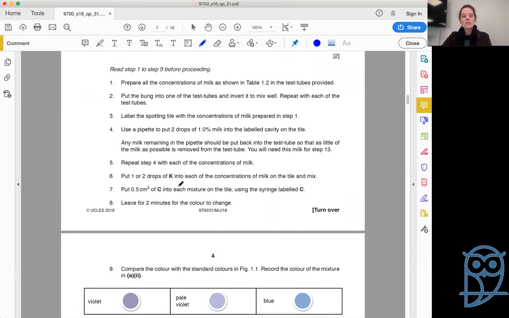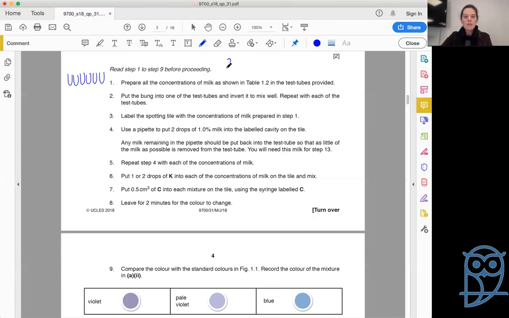They tell us to read step 1 to step 9 before we proceed. And it's quite important that even though you've read through the entire paper to start with, you read these 9 steps again before moving on, because you want them fresh in your brain of what's going on. So, prepare all concentrations of milk as shown in table 1.2 in the test tubes provided. So we've got our 6 concentrations.